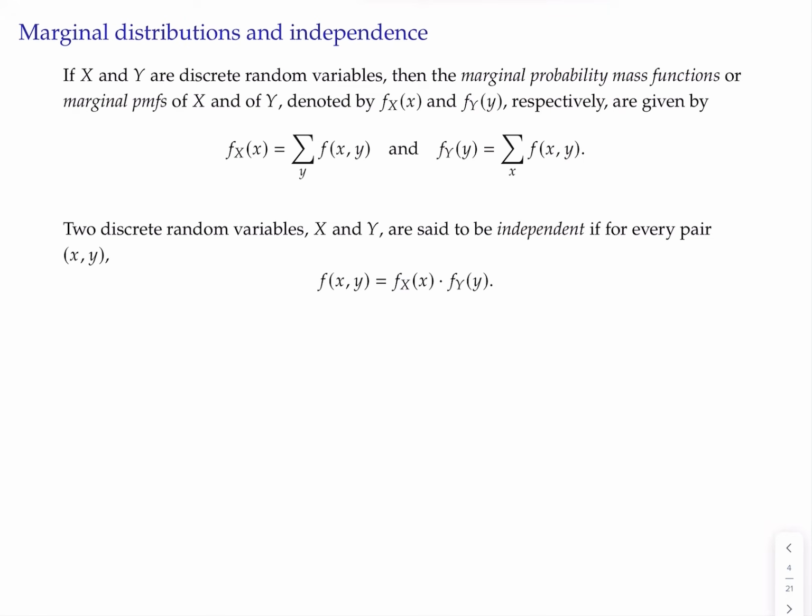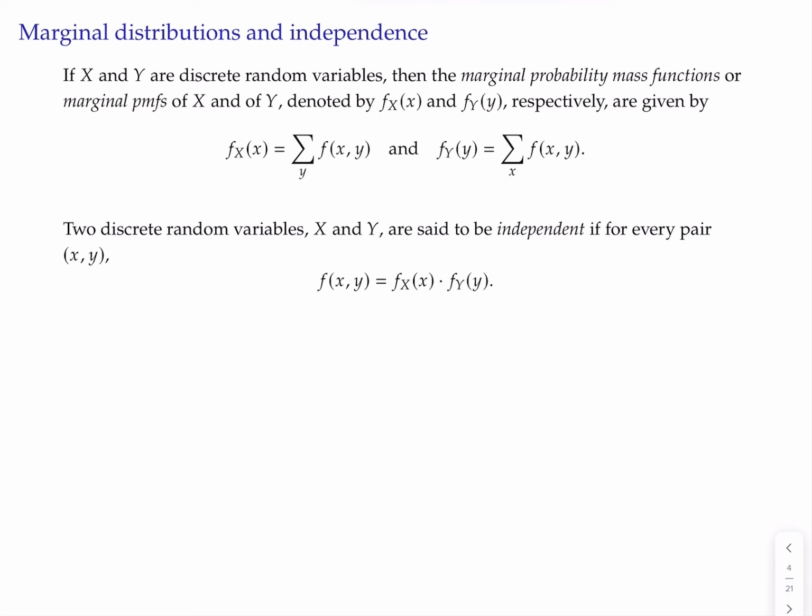In general, if you wanted to know, for example, the probability that x is equal to 2, and what you had was information about the probability that x is 2 and y is 1, x is 2 and y is 2, x is 2 and y is 3, etc., you would just add up all those joint PMF values across all the possible values of y. That's how you would recover the marginal distribution from the joint distribution.